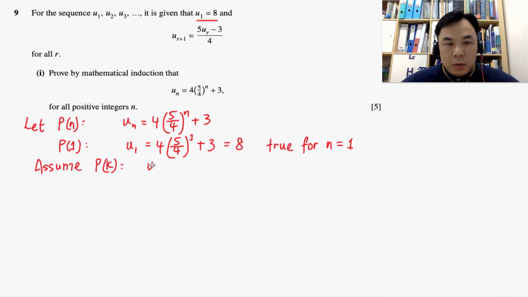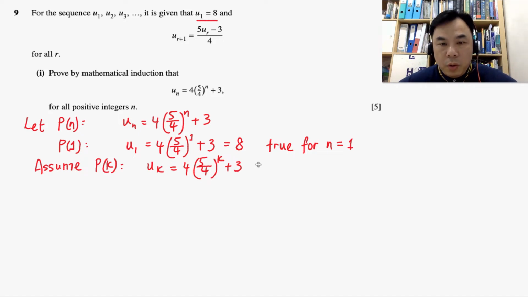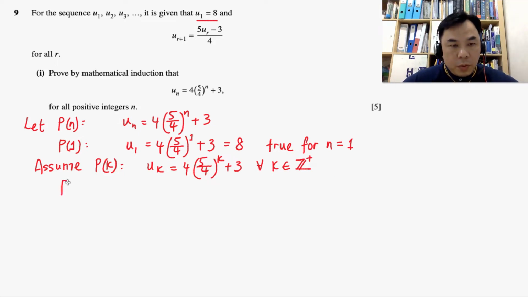Therefore, it actually represents uk, and this proposition for this sequence is true for all positive integers in this case. Okay, and then we're going to test out the proposition for Pk plus 1 here.